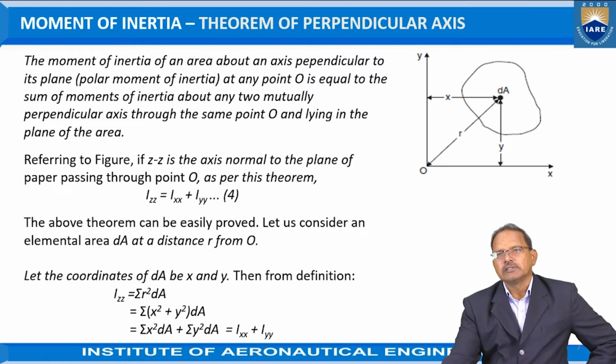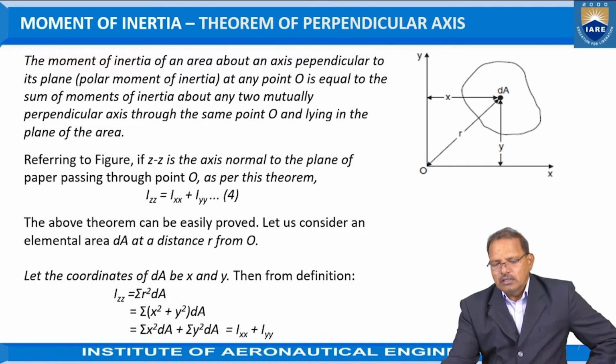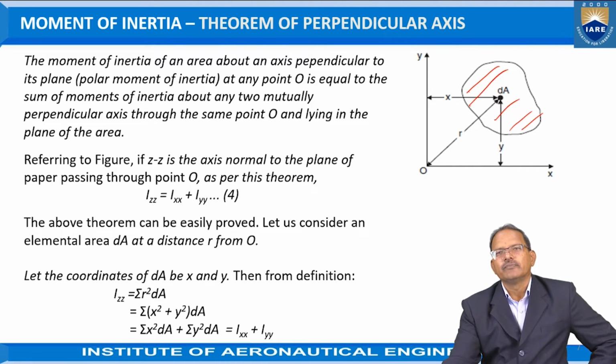Now, the theorem of perpendicular axis. Again I am taking the elementary area dA, kept in the xy coordinate plane, having coordinates x and y as shown in the figure.